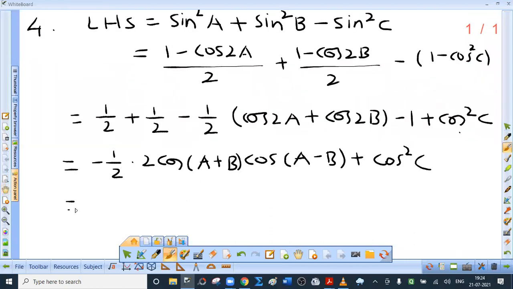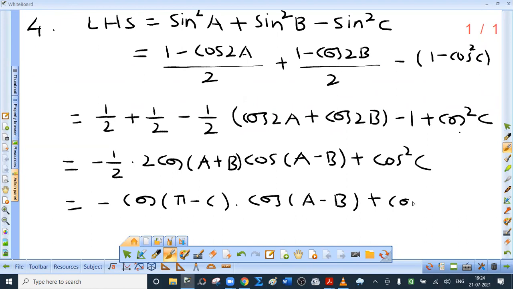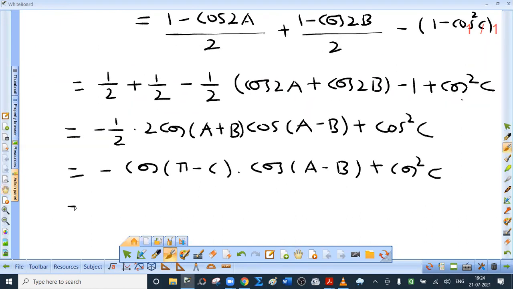Next step, minus half into 2 is minus cos of. Now can I write A plus B as pi minus C? I can, because A plus B plus C is pi. So A plus B is pi minus C, into cos of A minus B, plus cos square C. Now this is minus of minus. Why?